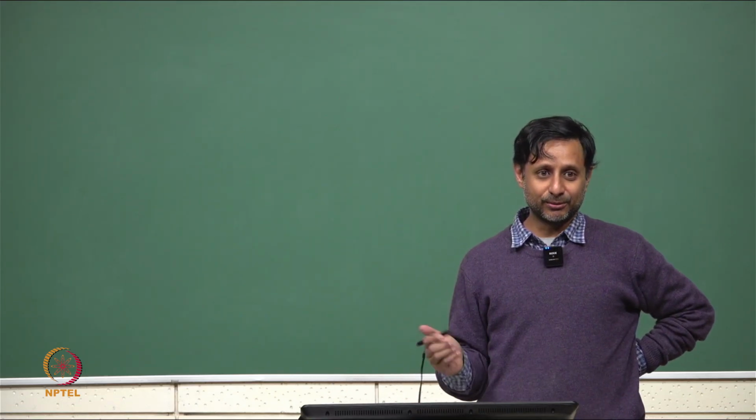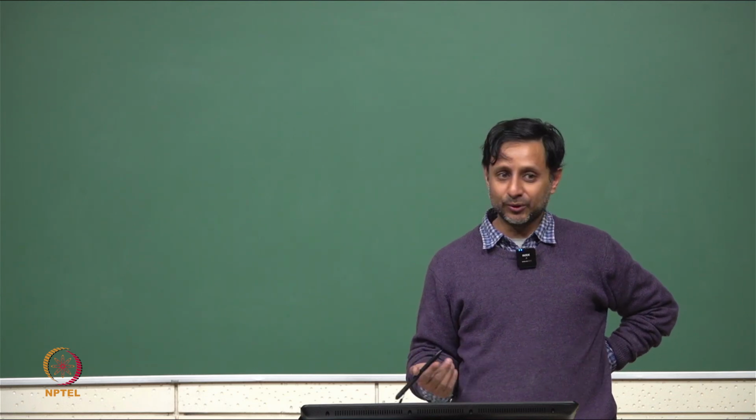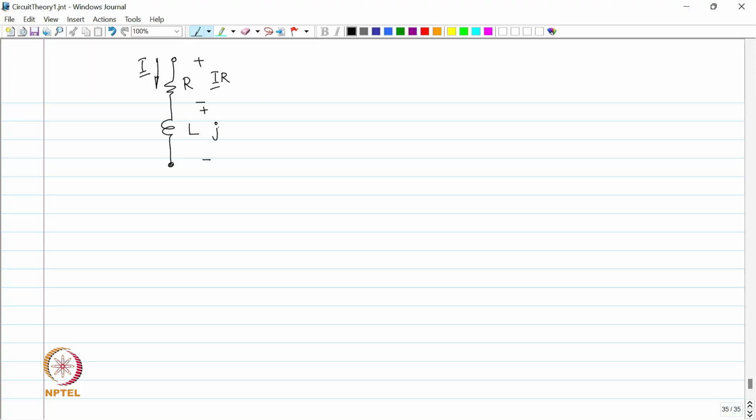This is an impedance, so use Ohm's law: j omega L times I. What is the total drop? I times R plus j omega L, which means that the complete series combination is an impedance of value R plus j omega L.